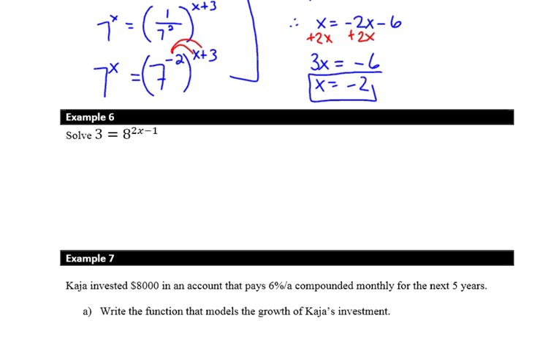So when you can't make the bases the same, we're going to take the log of both sides. So I'm going to write log 3 to the x equals log 8 to the power of 2x minus 1. Is it coming back to you? Okay, so now what do I have to do?